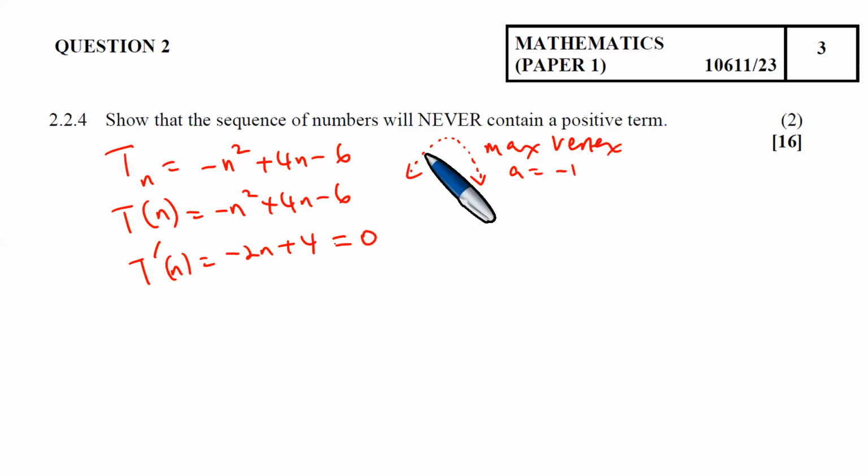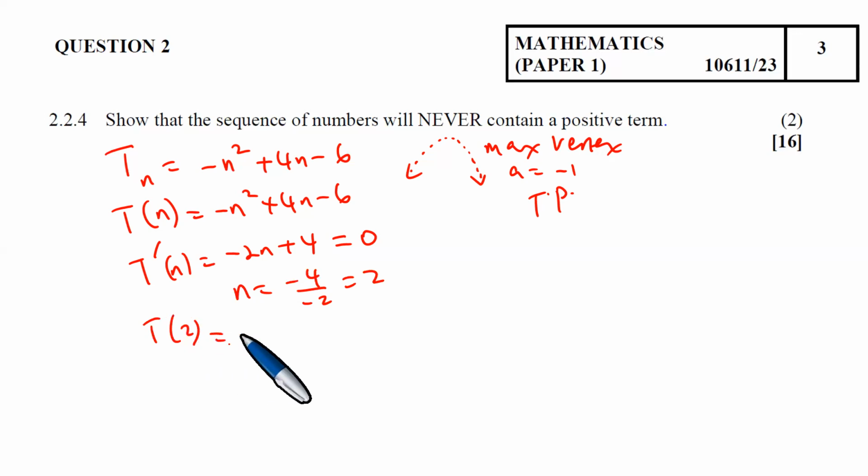Since a is negative, it has a maximum at the turning point, so we equate the derivative to 0 and solve for n. To solve for n, it is minus 4 divided by minus 2, which equals 2.